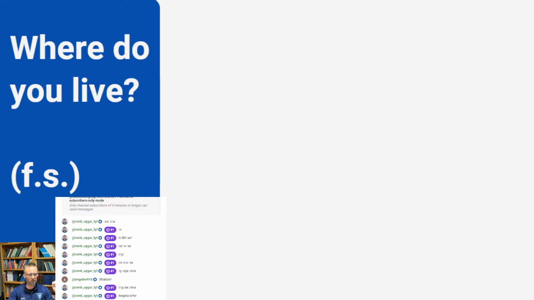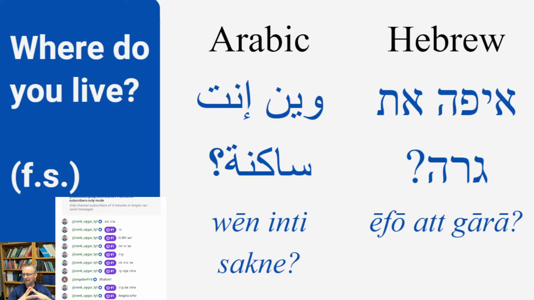So where do you live? Okay. Where do you live for a female? We said in Hebrew that's going to be efo at gara. Efo at gara. And in Arabic, it's going to be wain inti sakne.